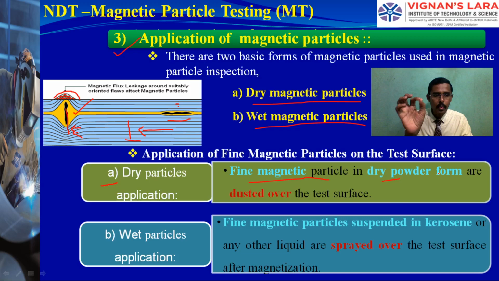What is the other method, in case of wet particles? Fine magnetic particles are suspended in kerosene or any other liquid in which the particles can be suspended. This makes it easier to cover a large area.